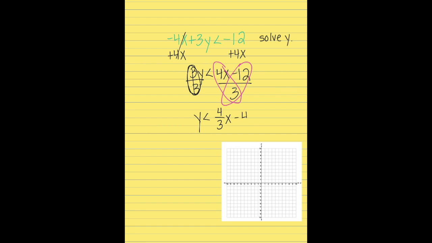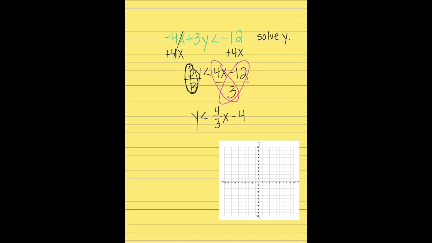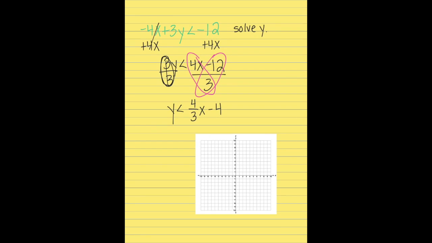Okay, so -4. All right, so what does this inequality sign tell me? Well, first of all, what is this inequality sign? Less than. So less than, what type of shading are we going to do with less than? So we're going to shade below. Is it going to be a solid or a dashed line?